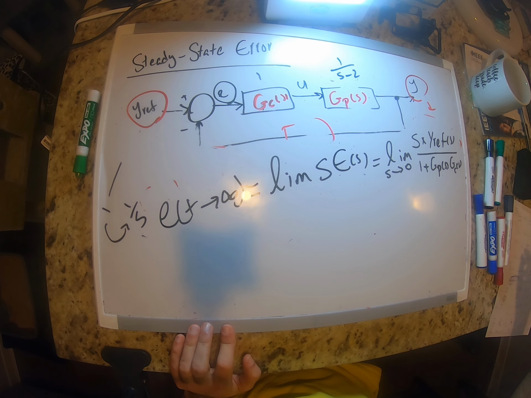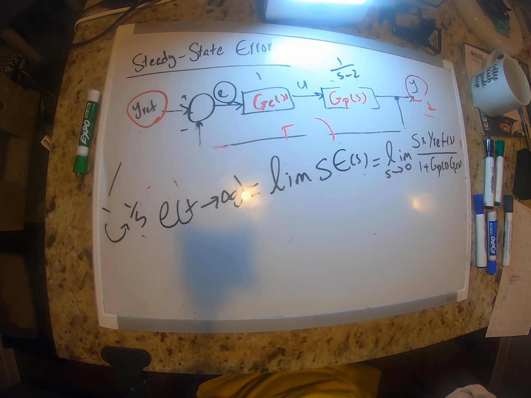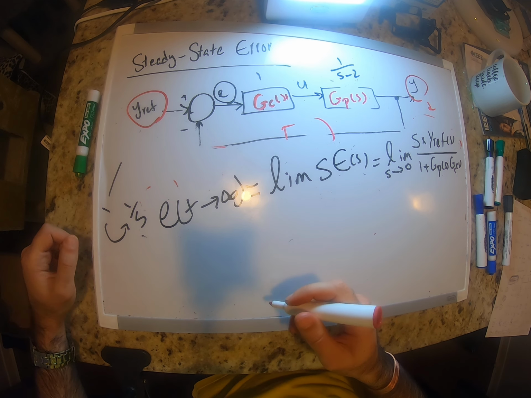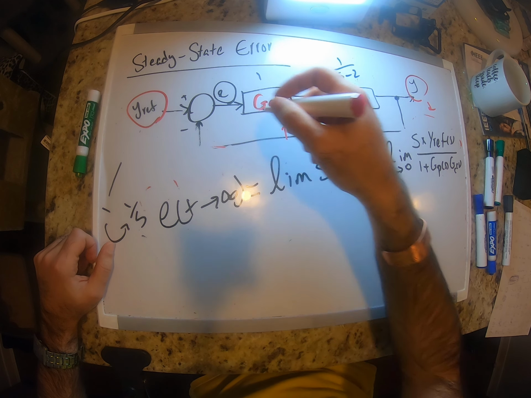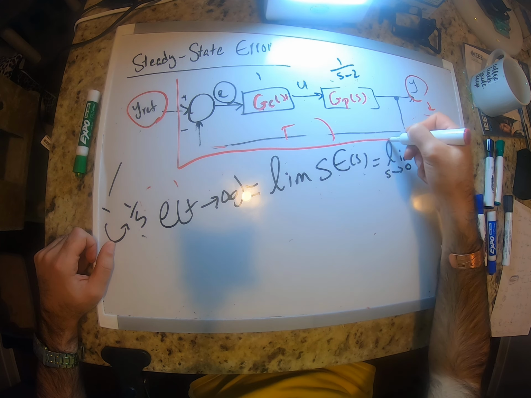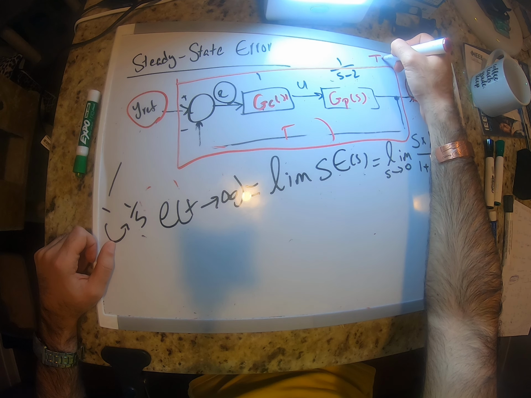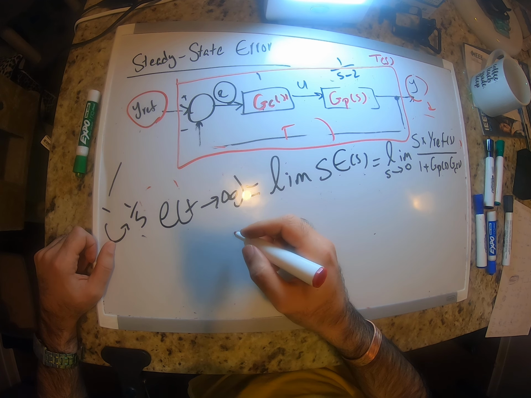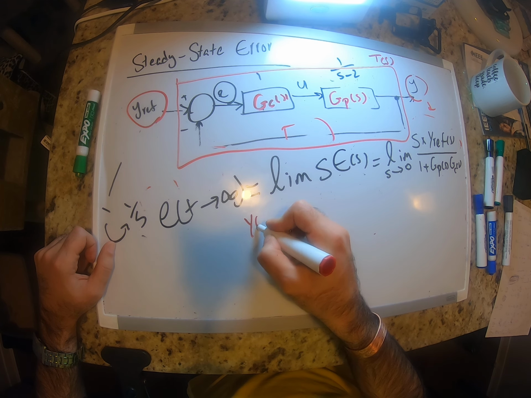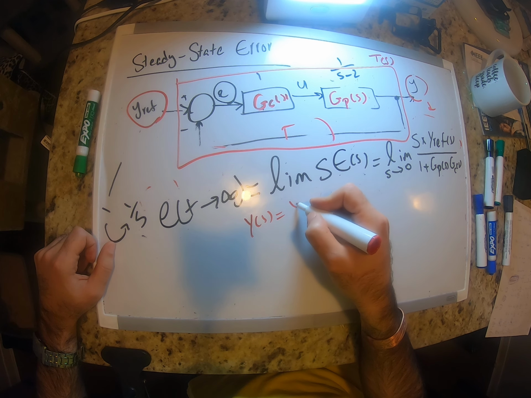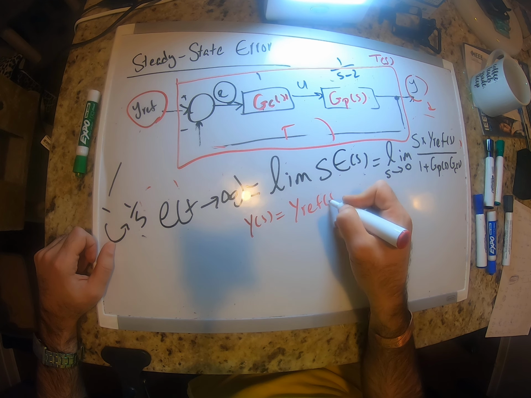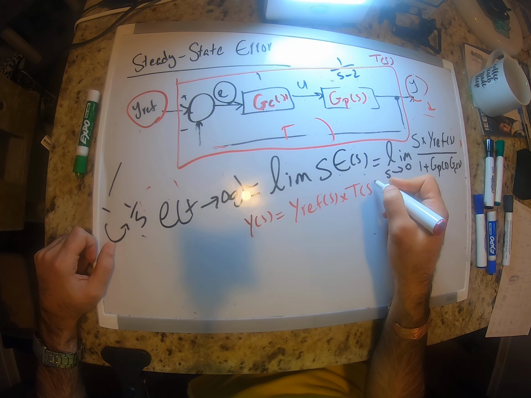Okay, I can even make this a little bit simpler. If you call this transfer function T of S, Y of S is equal to Y ref of S times T of S, right?